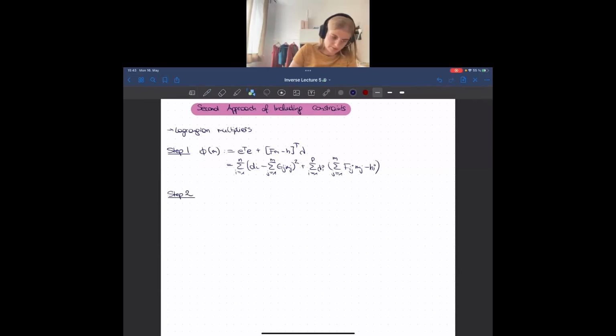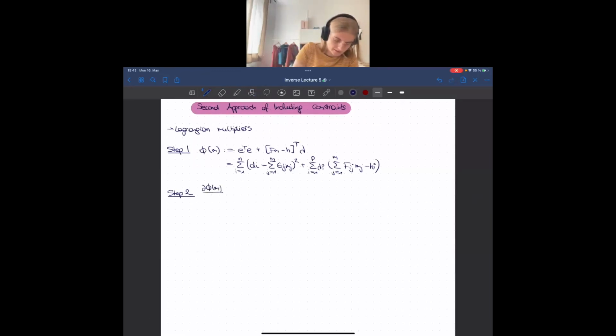Step number 2. What are we doing? Of course, we build the derivative. So when we do that, once again, and without the full derivation, I'm pretty sure you're going to believe me.